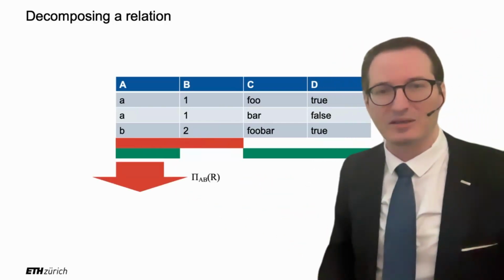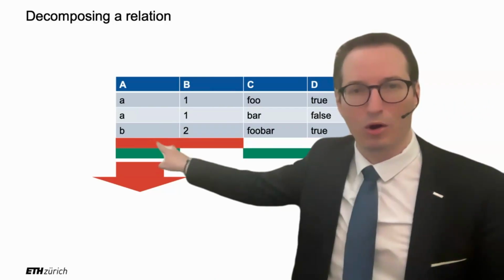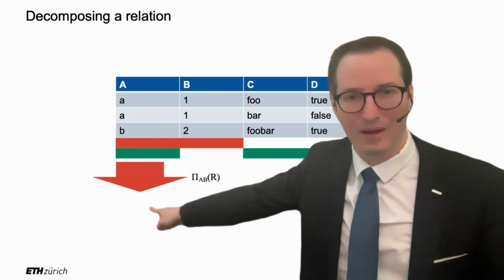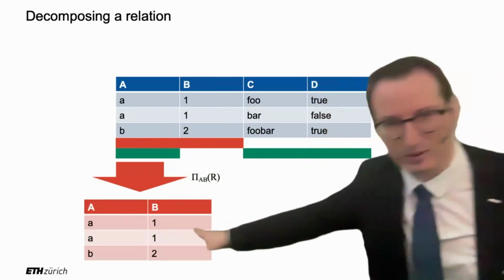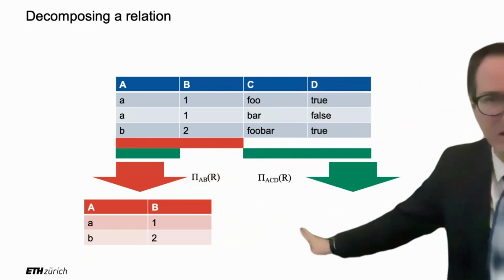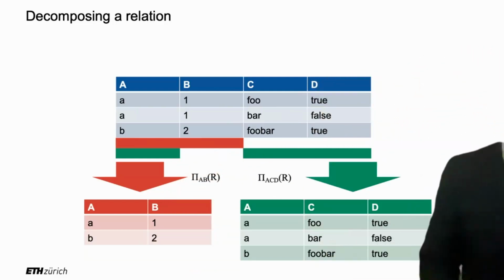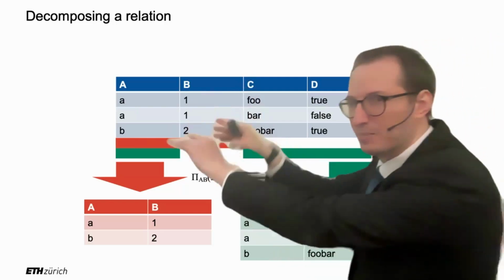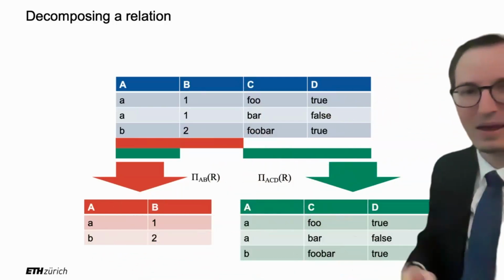But do you agree that basically we are projecting the table onto the first set of attributes, and then we are projecting the table onto the other set of attributes, and that's it. And so basically decomposing a table means that we split it in this way, projecting.